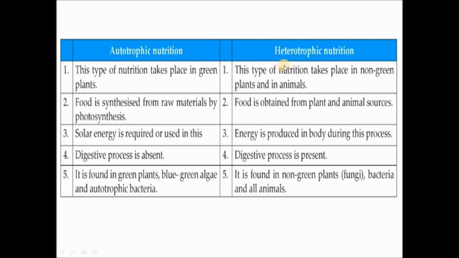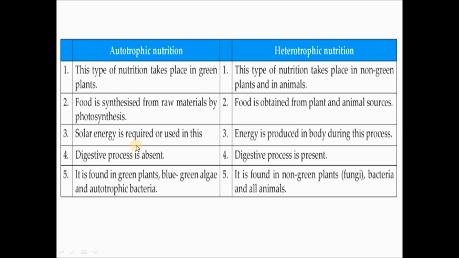Heterotrophic nutrition takes place in non-green plants and other organisms, that is animals. In autotrophic nutrition, food is synthesized from raw materials by the process of photosynthesis, whereas in heterotrophic nutrition, food is obtained from either plant or animal cells.